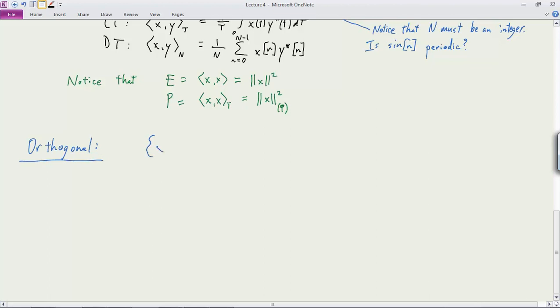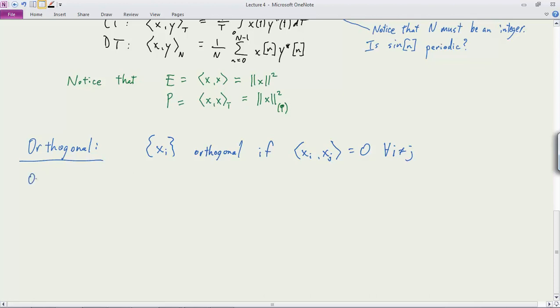What we mean by that is, if you have a bunch of signals, you think of these each as functions, but actually this works for any inner products. They're orthogonal if the inner product between any two of them, i and j, equals 0 for all i not equal to j. So any two of them have a 0 inner product.